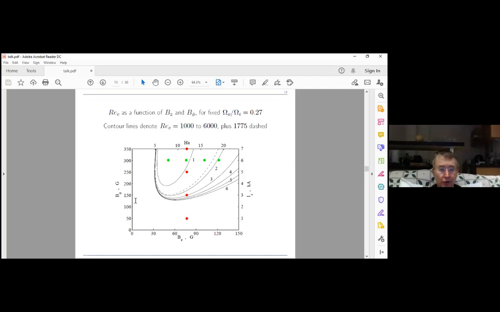One other point to note, the azimuthal field is measured on that axis. On this axis are the actual currents down that central rod that you need to generate those sort of fields. Well, there they are in kiloamps. So you can see you need several thousand amps down that central rod.